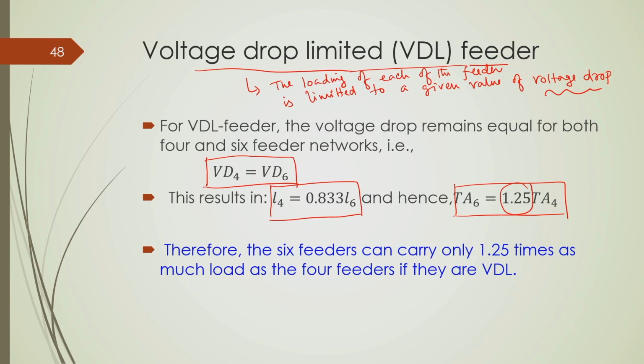So, when your feeder is limited by its voltage drop, then a hexagonal service area with 6 feeders will carry 1.25 times, that means only 25% more load as compared to a substation with a square service area having 4 feeders, if they are limited by the voltage drop limit. So, this is called a VDL feeder.